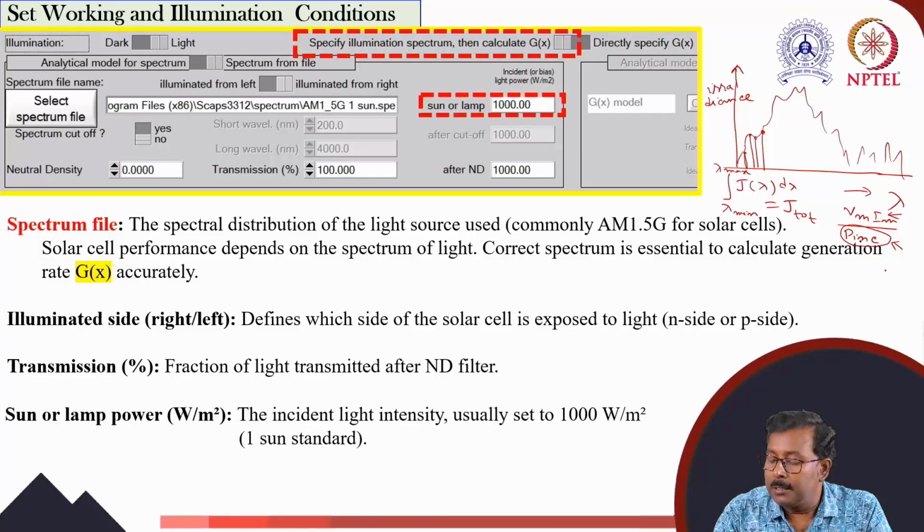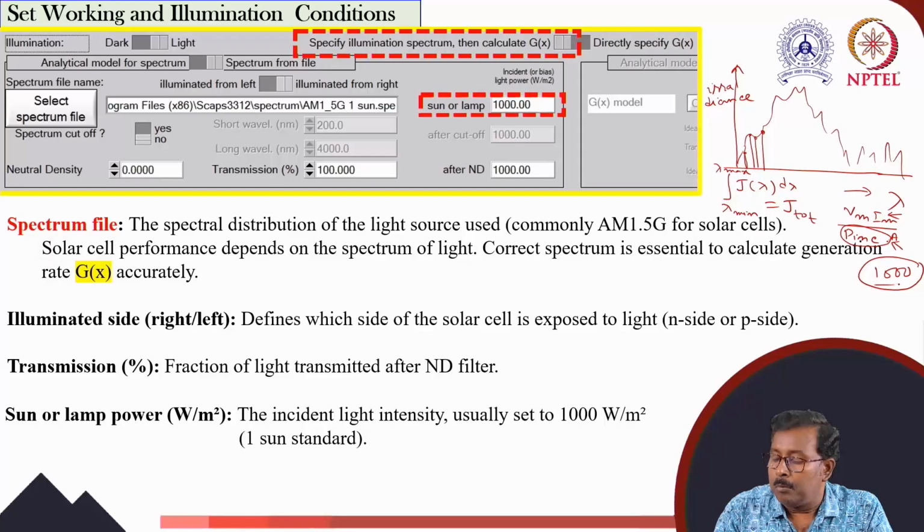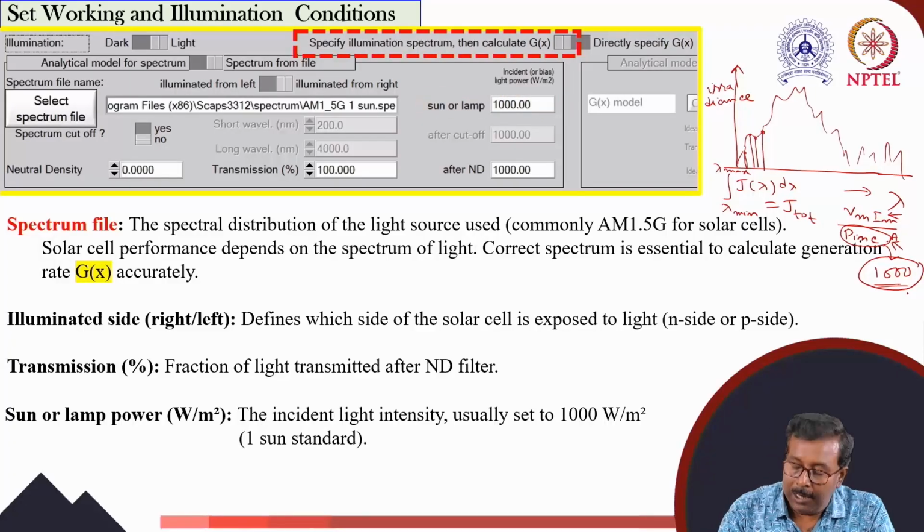In this case, this will be taken as 1000 watt per meter square, and since this is per meter square, it is better to calculate Jm by A, area, if you put this area per incident into area. So the value of this P incident will be 1000 watt per meter square.